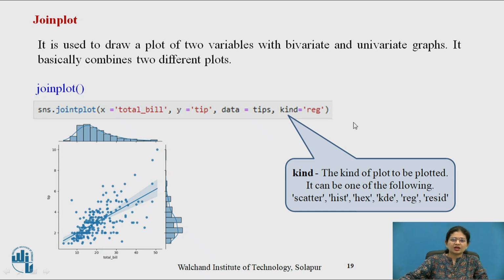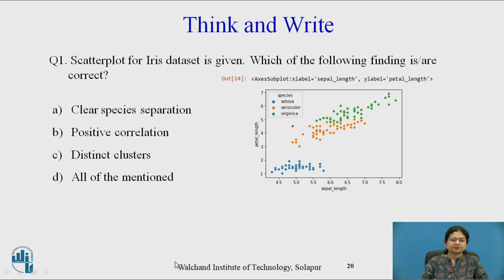So look at here, kind shows the kind of plot to be plotted. It can be one of the following: scatter, hist, that means histogram, hex, kde, reg or resid. So look at here, in this plot, the first plot is the regression plot, a scatter plot which shows the regression line, and the other plot is the histogram. So it is known as a jointplot.